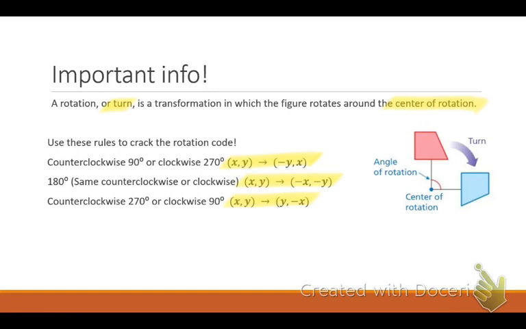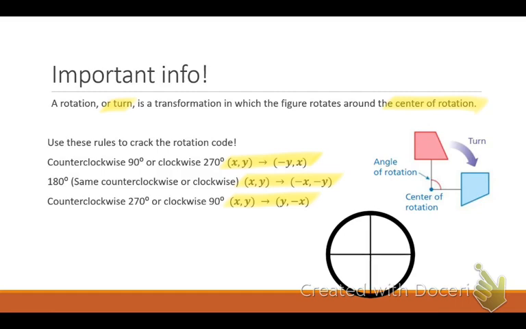Basically how it works, the reason that counterclockwise 90 is the same thing as clockwise 270. Imagine if you had a circle, a figure on my iPad. I didn't draw it that perfect. In your XY axis, let's just say we had an XY axis here.